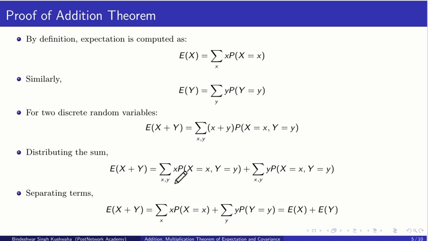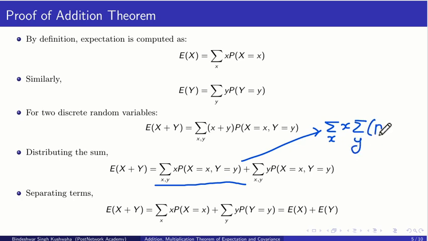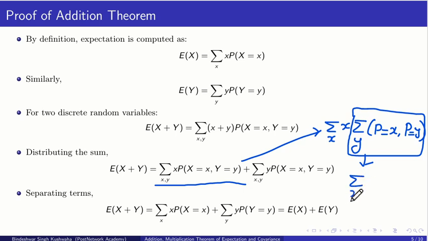So you can observe that this expression we can write as summation over x, x, and summation over y, p of X equal to x and Y equal to y. And you can observe that this is the marginal distribution of x. So this will become summation over x, x, p of x, right?